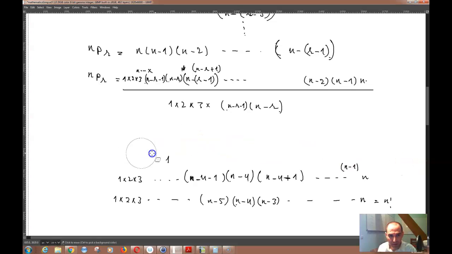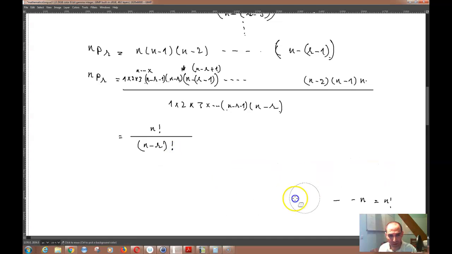So then that means that your numerator is n factorial, and your denominator is just simply n minus r factorial, because you have all the numbers starting from 1 times 2 times 3 times all the way up to n minus r minus 1, and over here you have n minus r, meaning that you have 1 times 2 times 3 all the way up to n minus r, so that's n minus r factorial. And that is the n permutation r.